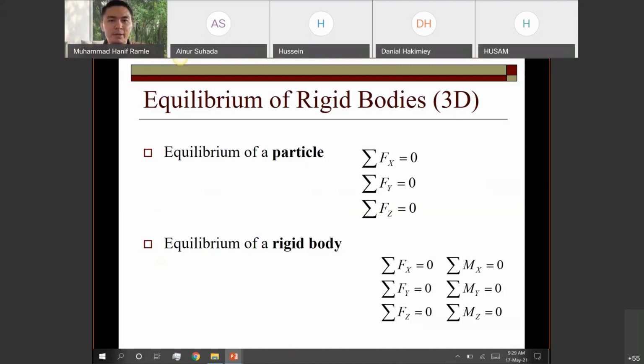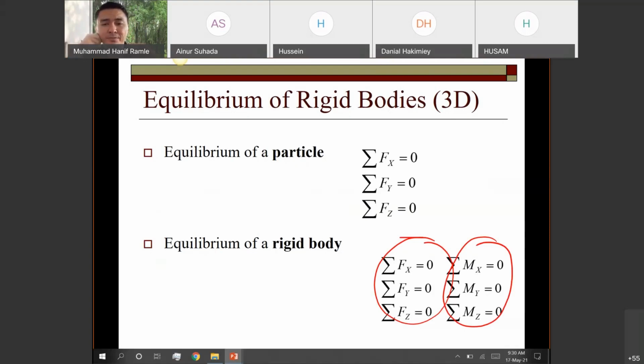But for the rigid body we are using the distance as well. If we have the distance, we have the moment. So for the rigid body you will have 6, and it can be more if you have more points.